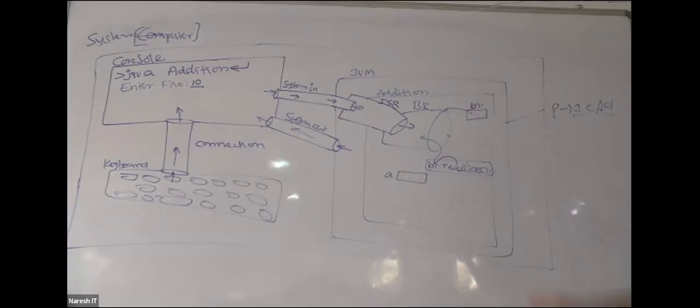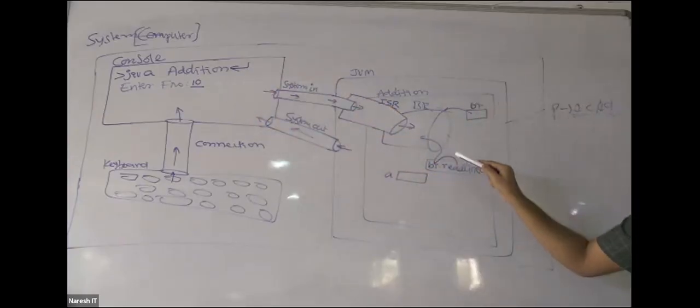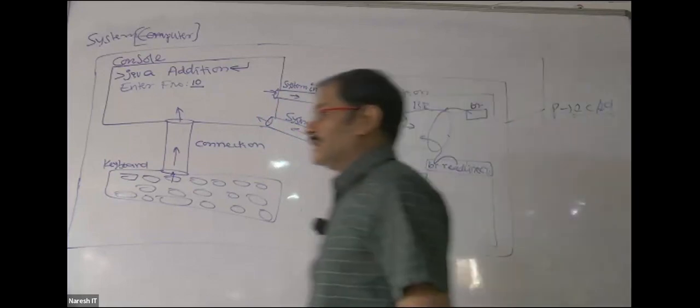The first time, readLine looks into the BR object, data not available. Then we enter data and the data comes here. The second time I call readLine, where is it looking? Again the BR object. In the BR object, is data available or not? Not available. Again it pauses. As many times as you call the readLine method, that many times the program execution pauses, because data is not available in the BR object.